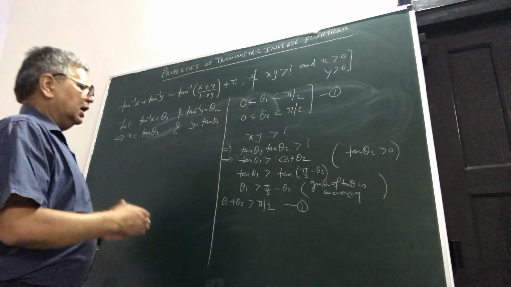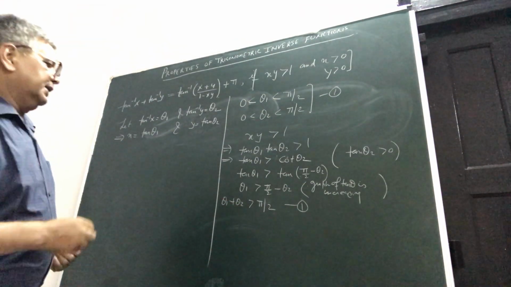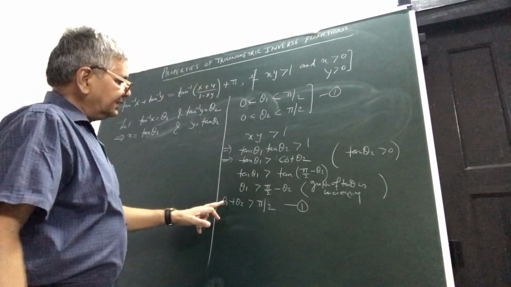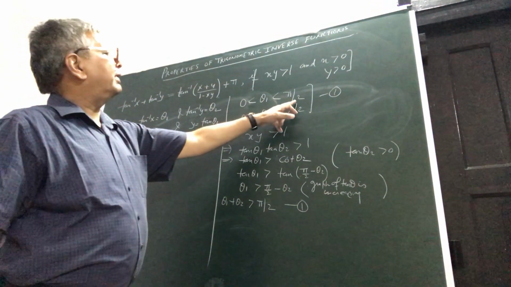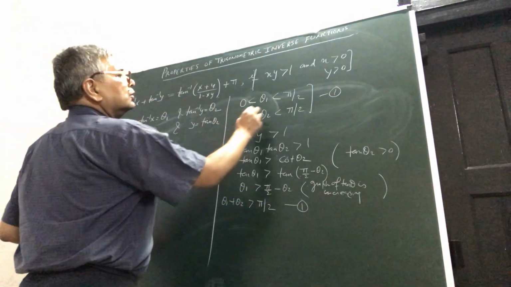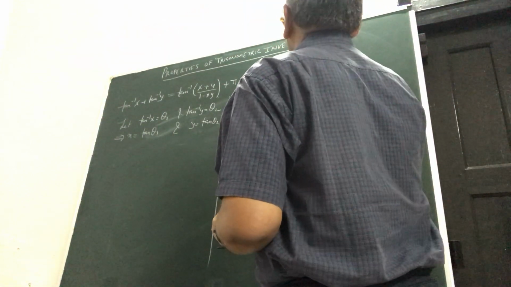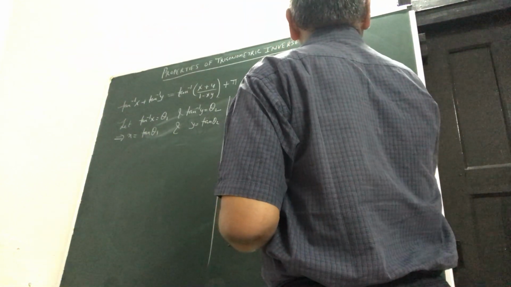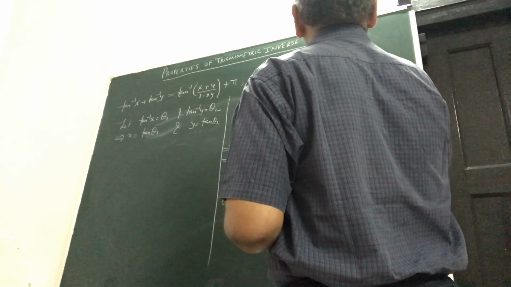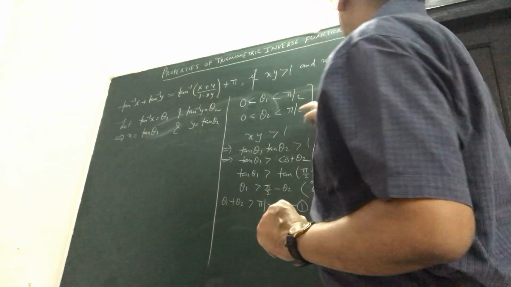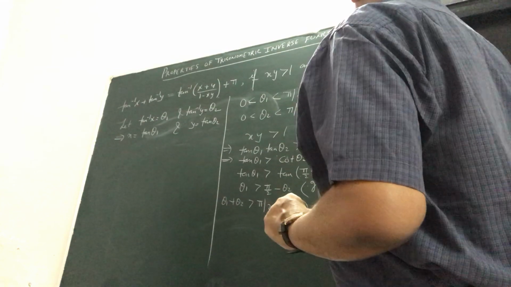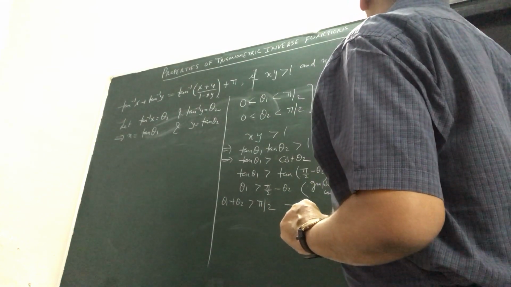Now, since theta 1 is less than pi by 2 and theta 2 is less than pi by 2, from this we can easily derive an important result that if we add up theta 1 plus theta 2, it will be less than pi by 2 plus pi by 2, that is pi. This is result 1a.